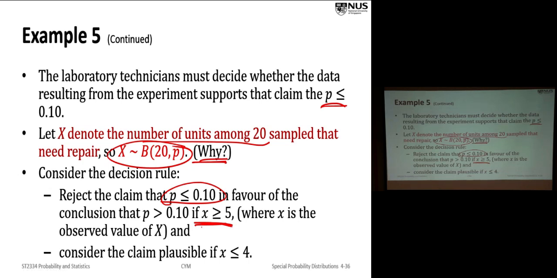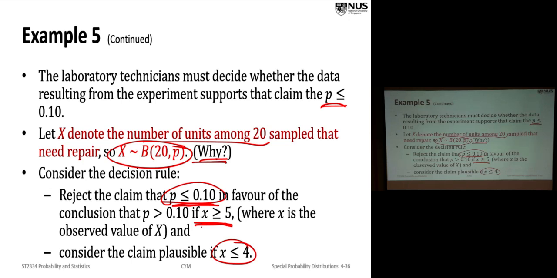So out of these 20, if the number of units that need to be sent for repair is more than 5, then P is not 0.1. While if the number of units sent for repair is less or equal to 4, then we will accept the statement P equal to 0.1 or less or equal to 0.1. So the idea is very simple.